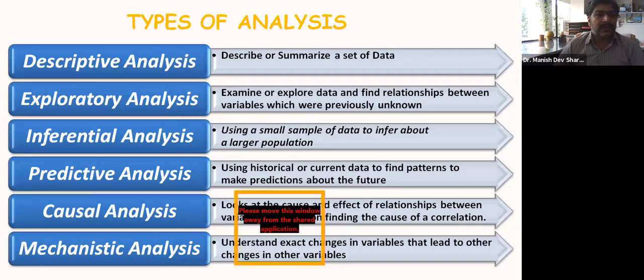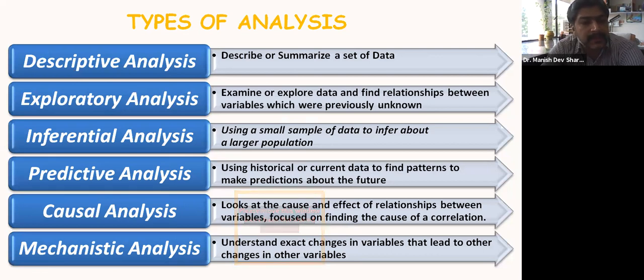So there are different types of analysis available with us, starting with descriptive analysis, exploratory analysis, inferential analysis, predictive analysis, causal analysis, and mechanistic analysis. Descriptive analysis means describing or summarizing the total set of data.